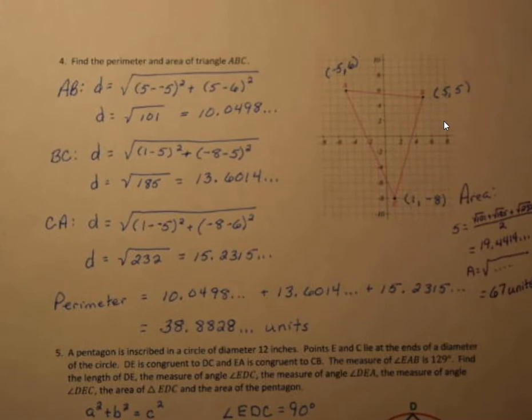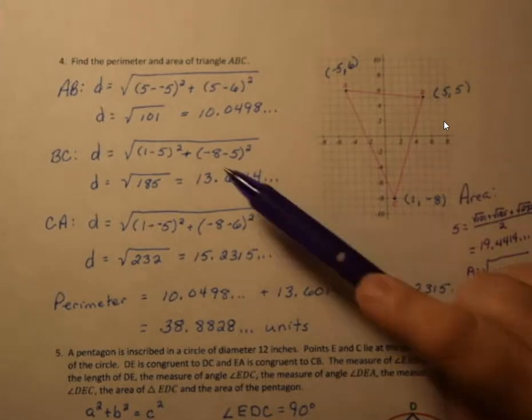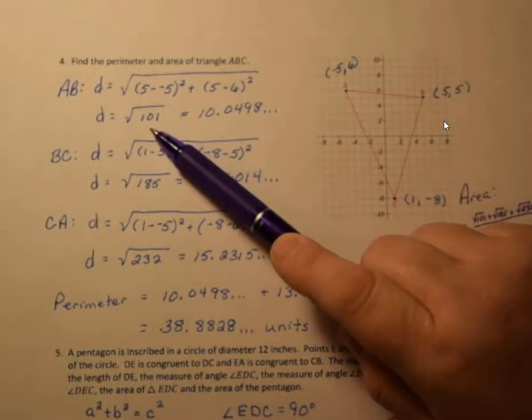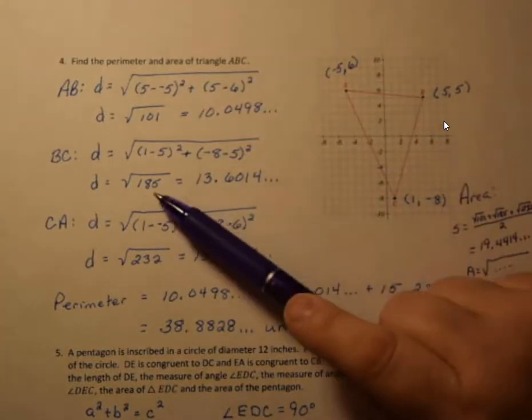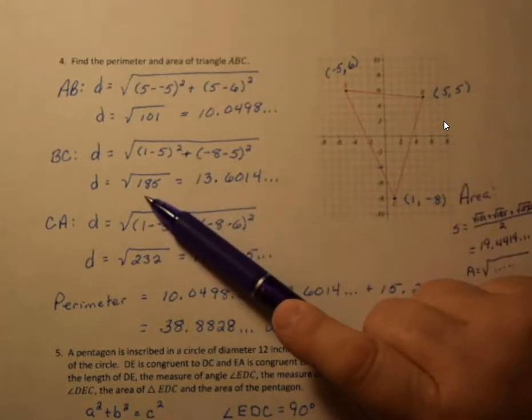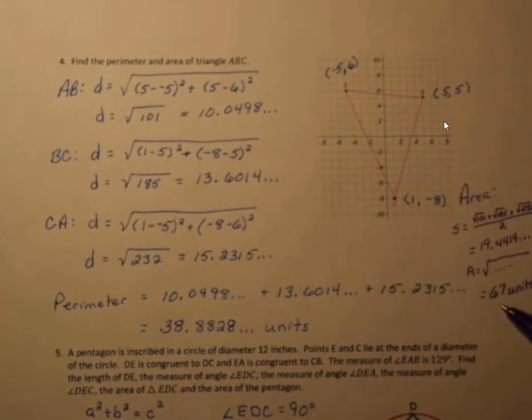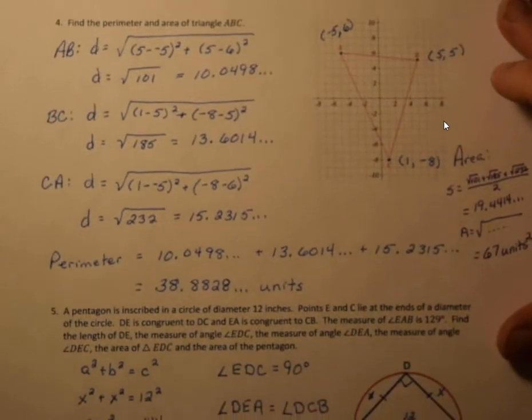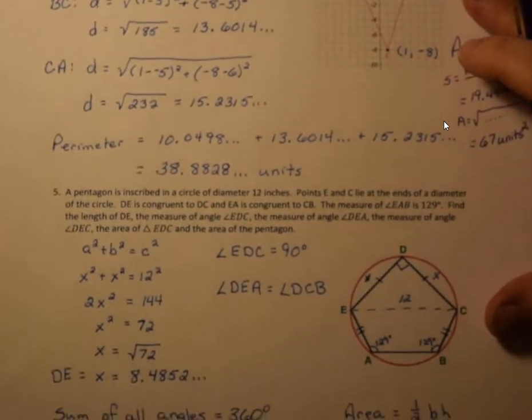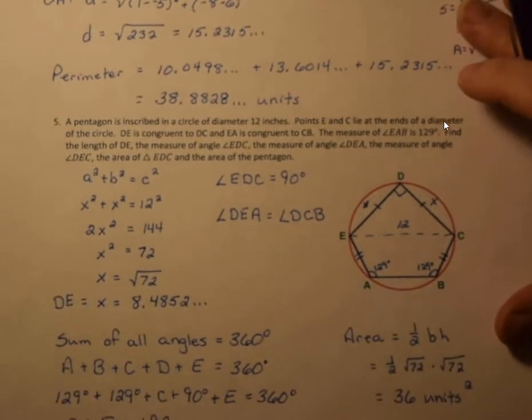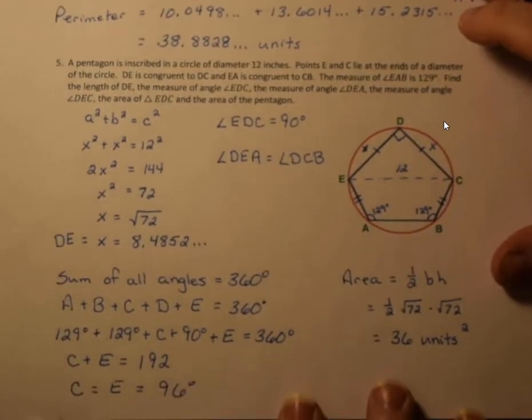And then I took the square root of s times s minus the square root of 101 times s minus the square root of 185 times s minus the square root of 232, and I ended up with 67 square units. So I apologize for squeezing that in over there real small, but there it is. We've used Heron's formula a million times before, so I'm confident that you'll be okay.